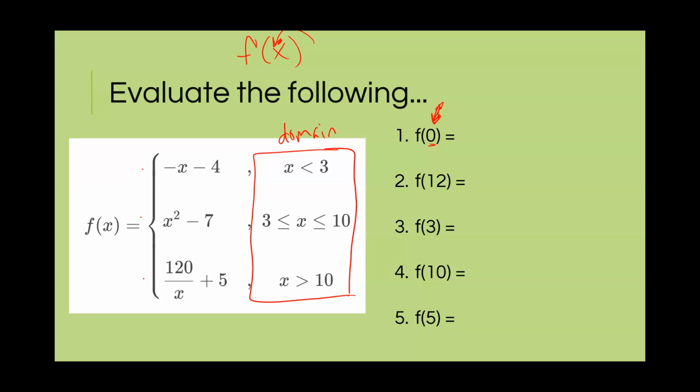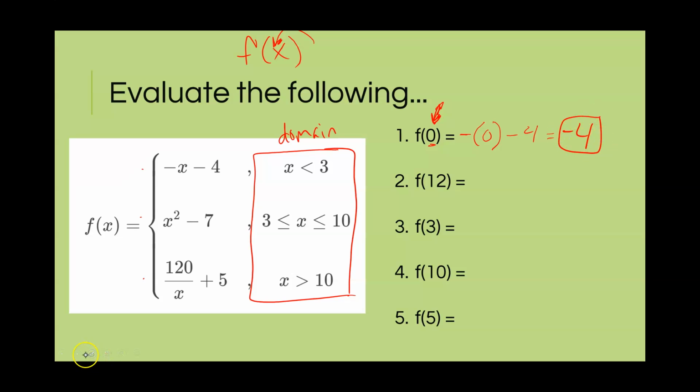Now, when I plug numbers in, I use parentheses because I feel like it helps you make less errors, okay? So if you look, this negative is part of the equation, so it's going to be negative. We got the x, now replace that x with 0, and then minus 4. You can use your calculator or Desmos, and my answer is negative 4. So f of 0 equals negative 4.